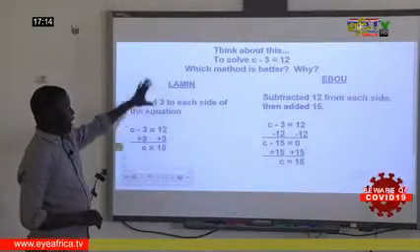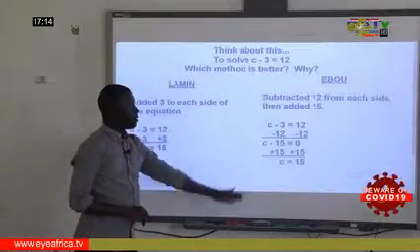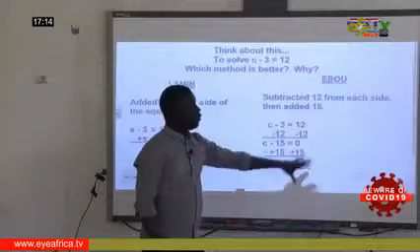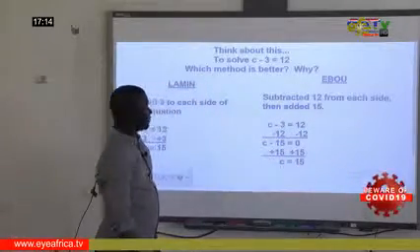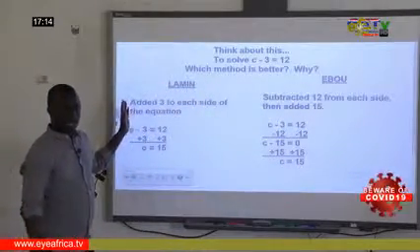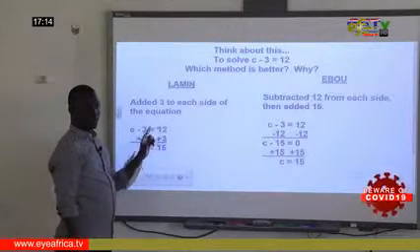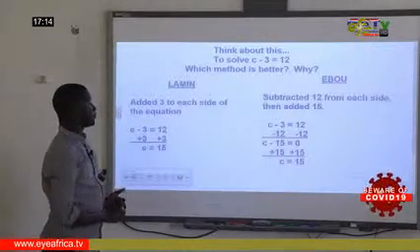we have two approaches, and we assume that this is Lamin working in this way and Ibu working in the other way. So this is how Lamin did it. c minus 3 equals 12 as an equation.